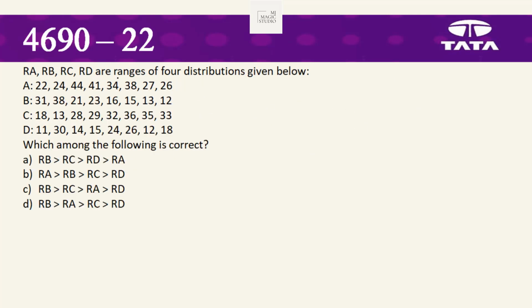RA, RB, RC, RD are range of the 4 distributions. Range means highest value minus lowest value of the distribution. So RA will be, highest is 44, lowest 22. 44 minus 22, so this is 22.